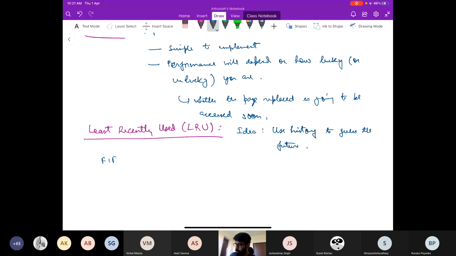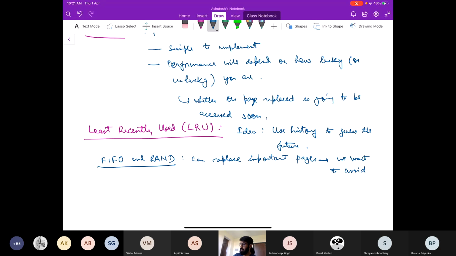So what is the problem with FIFO and random? Random can replace some important pages, right? So this is what we want to avoid. But how do you know which page is important? We can't see the future.